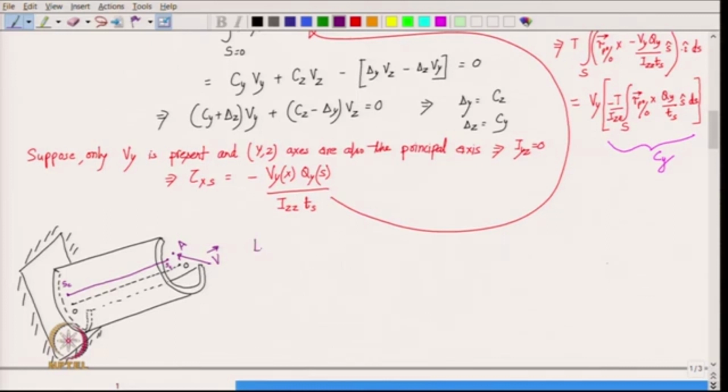So, let us find out moment along the axis of shear center.